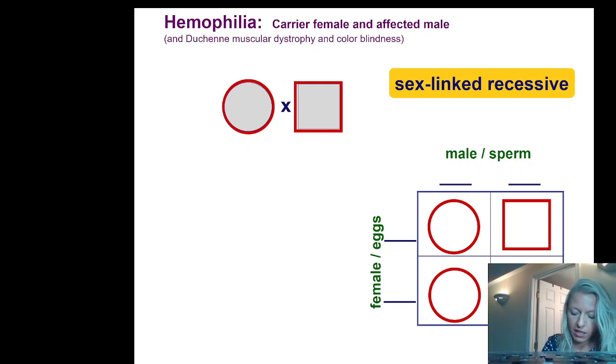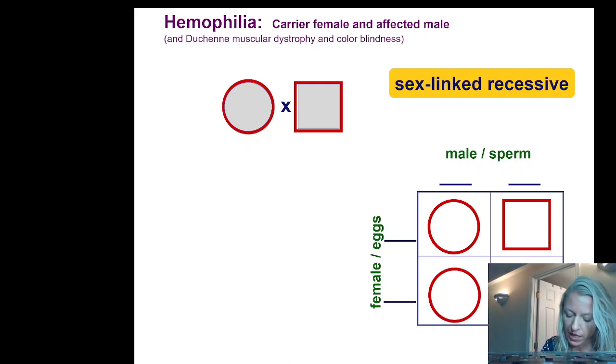Then if we take a look at a carrier female, she is going to be X big H, X little h, that heterozygote, and an affected male, which is X little h Y. Let's do that out.